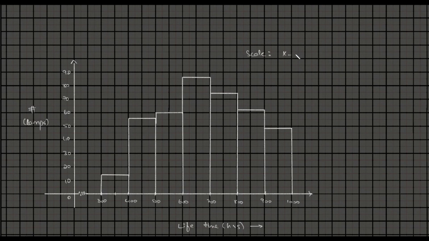Along the x-axis, for every centimeter we have 100 hours. These are hours, right? Don't miss the unit. Even if you write that wrong, then it's wrong. Every centimeter we have 10 lamps. And that's the title.